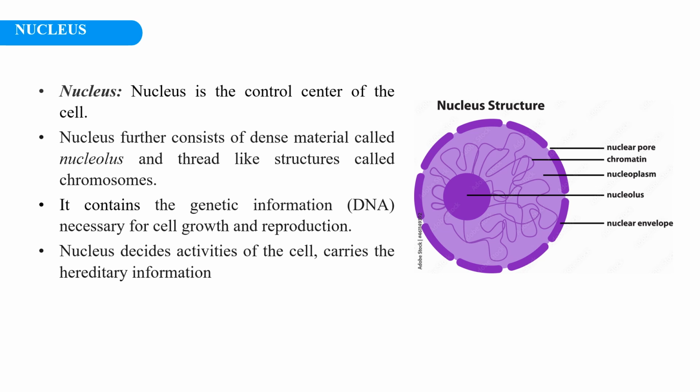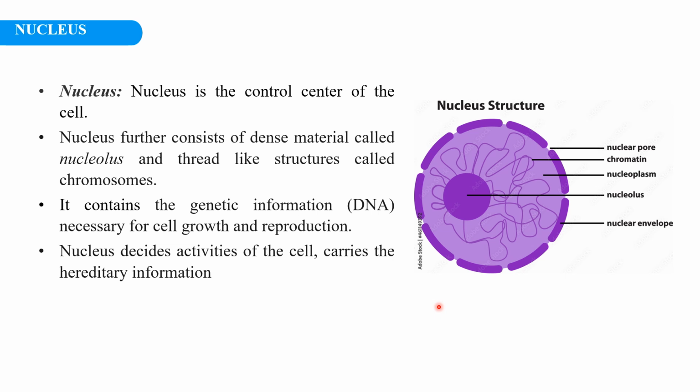Nucleus is the control center of the cell. This nucleus consists of a dense material called nucleolus. This is the nucleolus, and the thread-like structures are called chromosomes. Here the condensed form of chromosome can be labeled as chromatin, and it contains genetic information that is necessary for cell growth and reproduction.